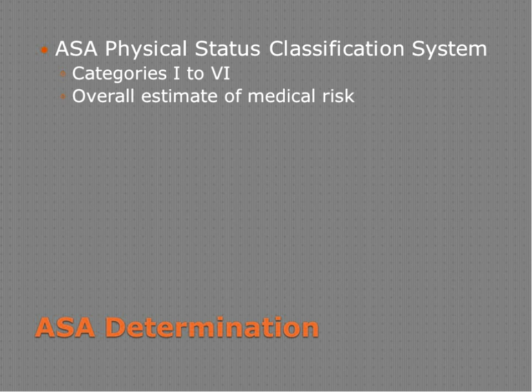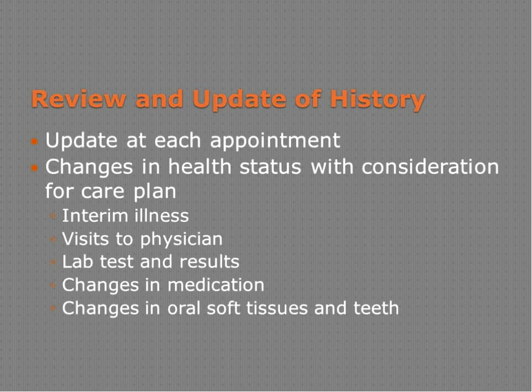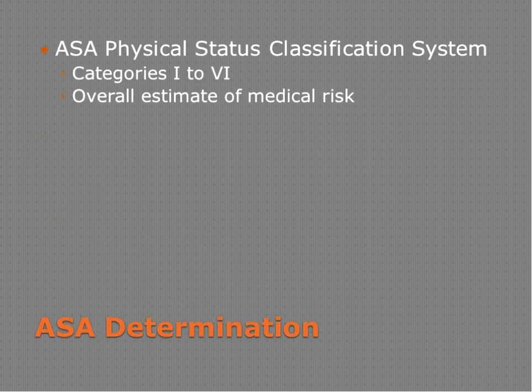So you've got an ASA 1, which is a patient without apparent systemic disease, and they're normally healthy.